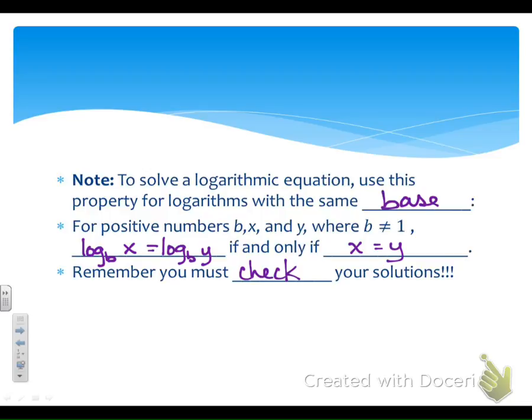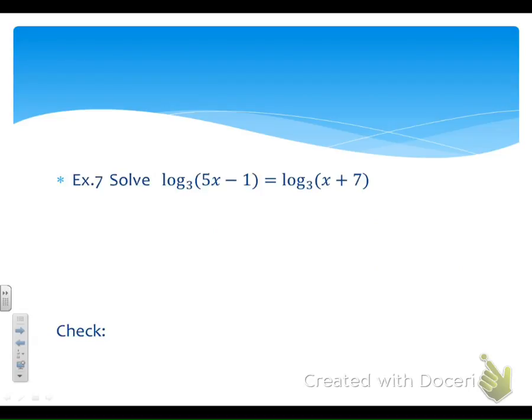So first example. You need to insert parentheses on your paper. Those were not there. And if the parentheses were not there, this problem's going to be a lot more difficult than what we need to do in Algebra 2. So be sure you insert parentheses everywhere.